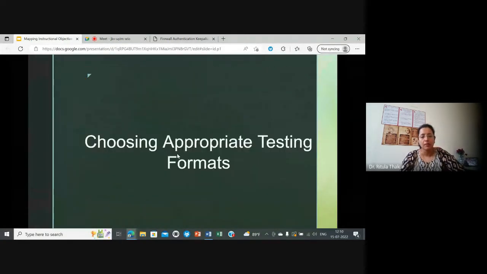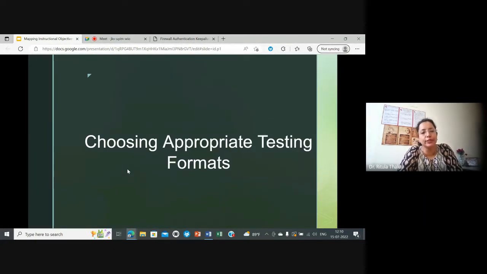Okay, now coming to my second part, that is the test items. Because the topic for today's talk is how to align the course objectives or instruction objectives with the test items.